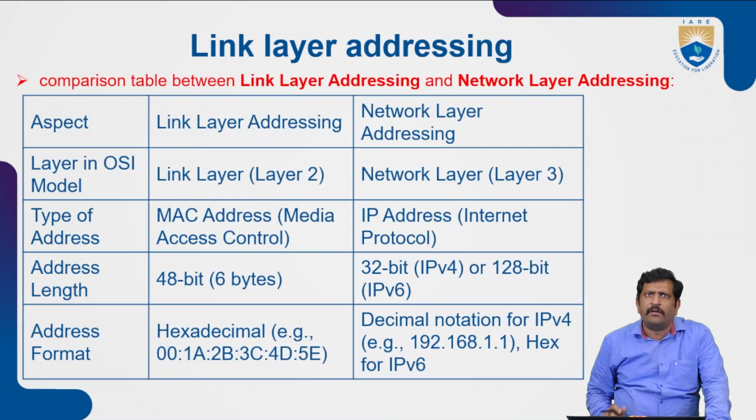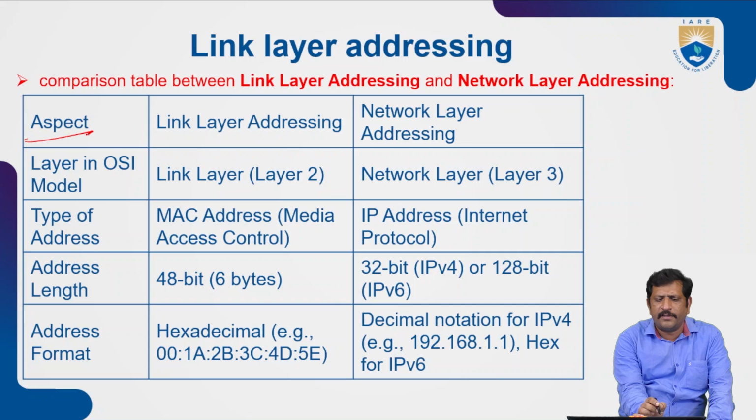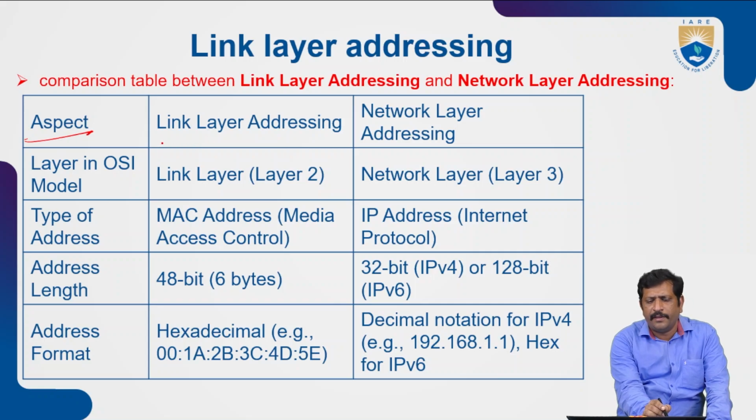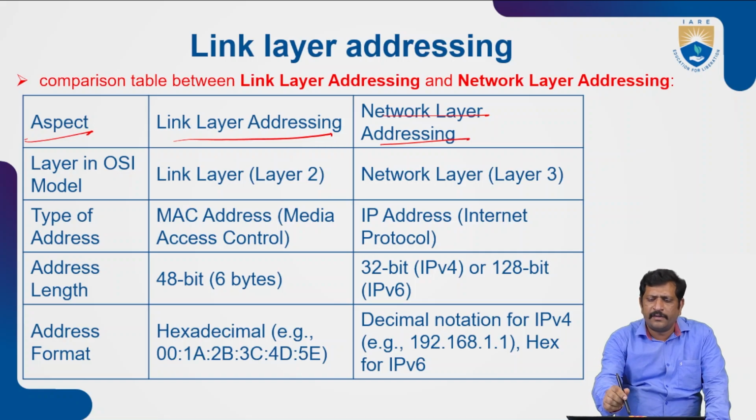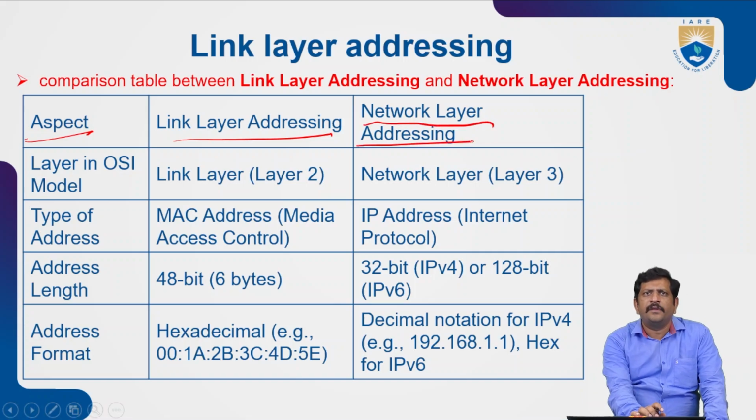The differences are in terms of several aspects, the differences between link layer addressing and network layer addressing. The main difference is that in the OSI reference model, link layer addressing is utilized at layer 2, the data link layer. Layer 1 is the physical layer in the OSI model, and layer 2 is the data link layer.